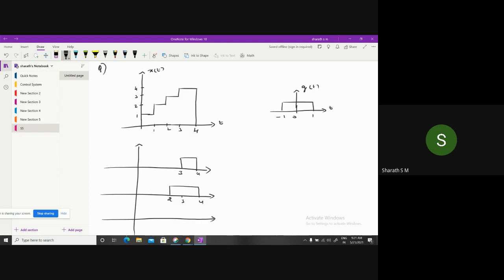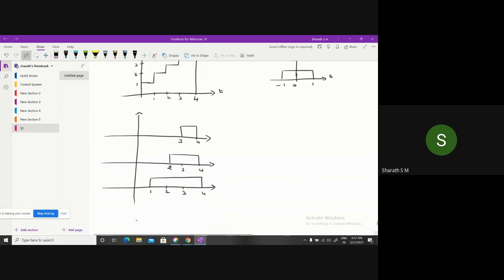And then we have a signal from 1 to 4. And then we have a signal from 0 to 4. All with the amplitude level as 1.